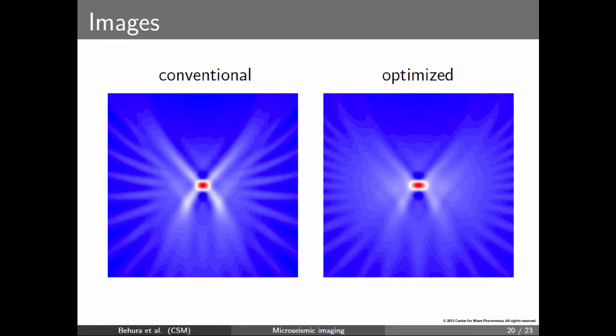Designing this array in 2D is a much simpler task, because you just have to divide the polar angle around the hypocenter on a 2D plane evenly, and then you end up with a nice set of receivers. But designing it in 3D is more complicated.